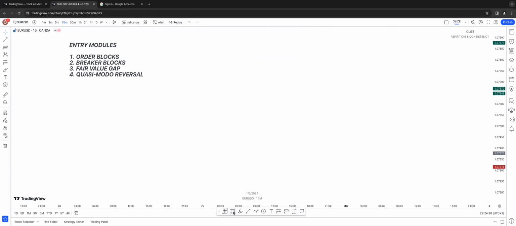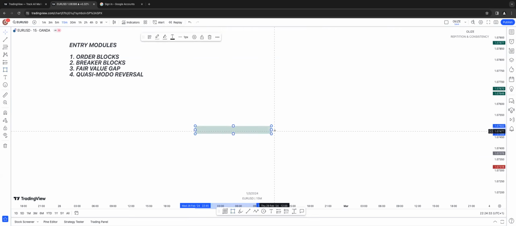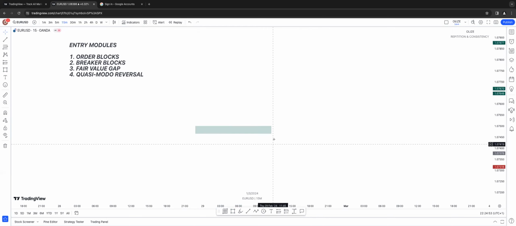So we have a bullish order block and also a bearish order block. A bullish order block is in the case of a bullish scenario, when you're looking for buys and you want to make use of the order block in selecting your POI.